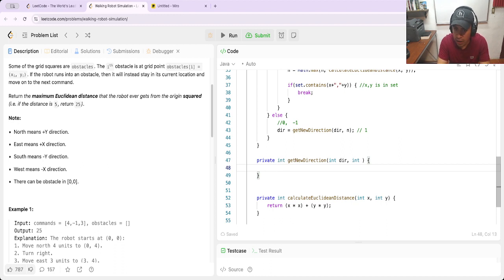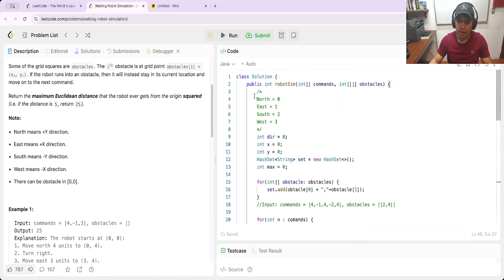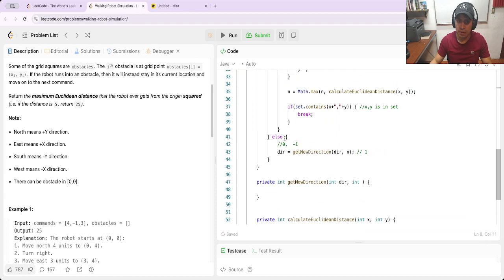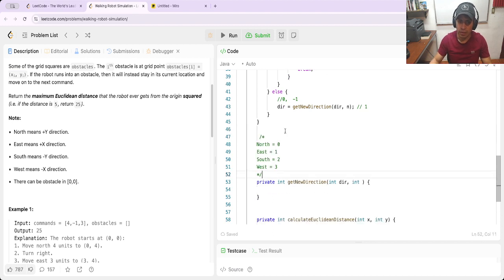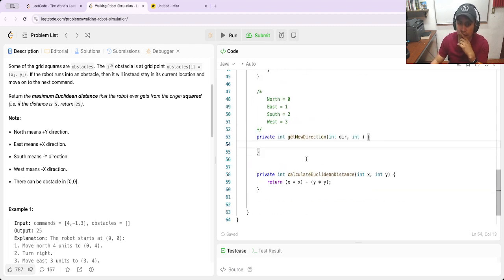Okay, now get new direction. For example, in this case, let me copy these variables here. Okay, now, sorry, my talk. Here new direction.